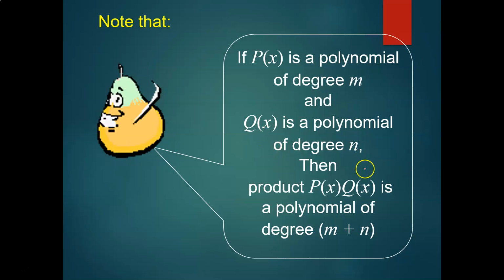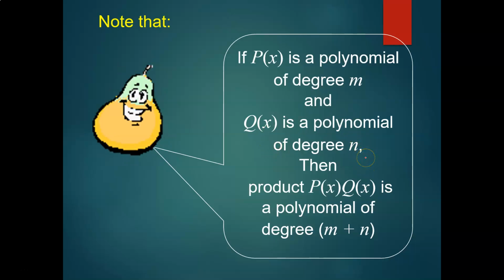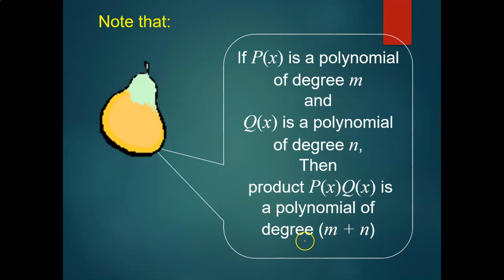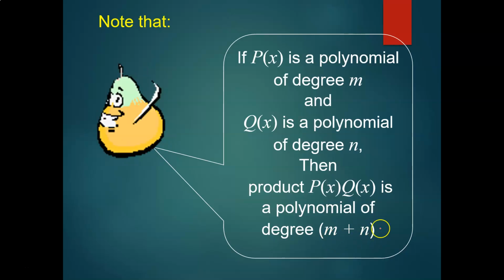Polynomial kedua, dia ada degree n. So, kalau kamu darabkan kedua-dua polinomial ni, if you multiply both of these polynomials, the degree for the final product, hasil darab tadi tu adalah m plus n.